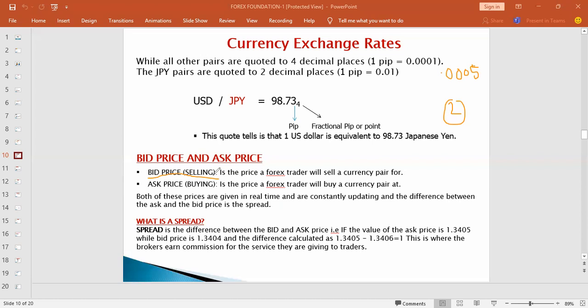Maybe we may go back to this slide tomorrow and explain it better based on our time. And the ask price is just the other way around. In a nutshell, this is going to be clearer when we go on the chart with everyone. It may not be clearer right now, but that is why we have decided to put in a practical section for everyone to understand every detail we are going to share.